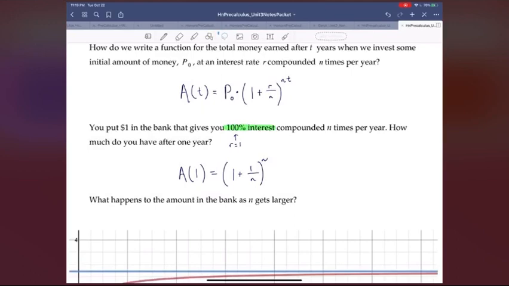And a question we might have is, what happens to the amount in the bank as n increases? So if we are interested in what happens as n gets really, really big, we can look at a graph of y equals 1 plus 1 over n to the n.